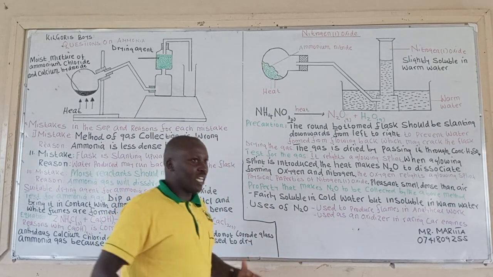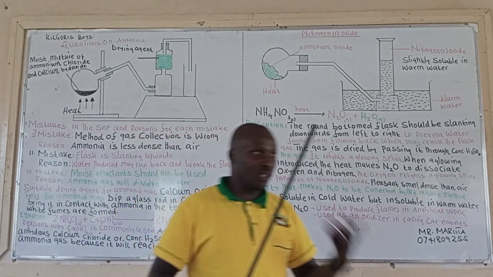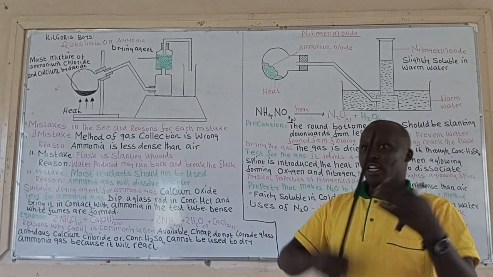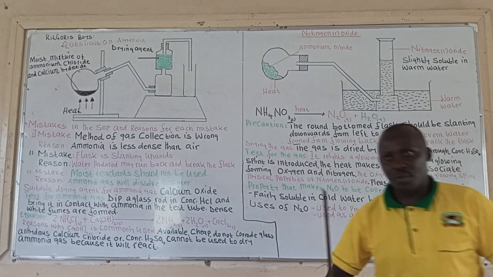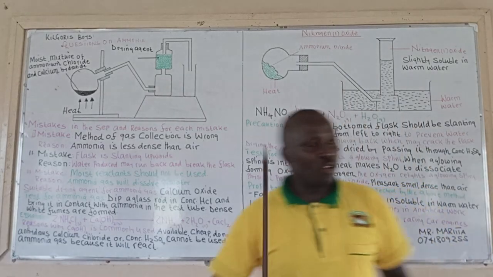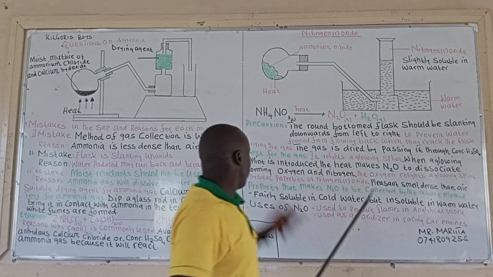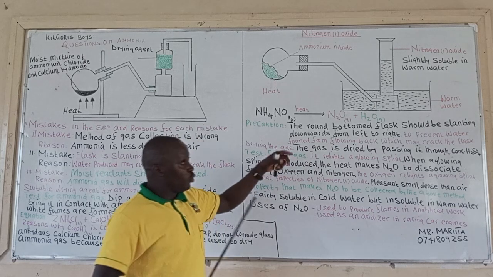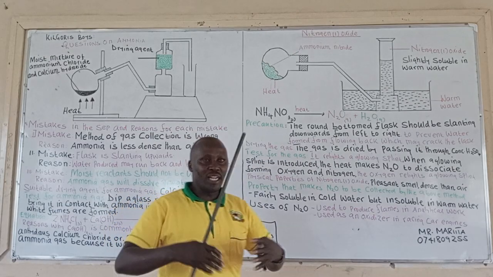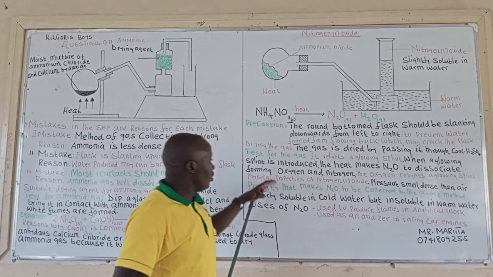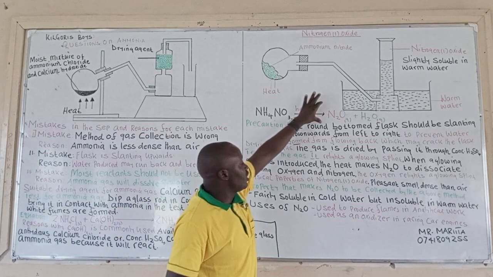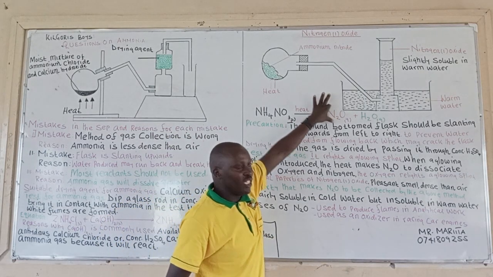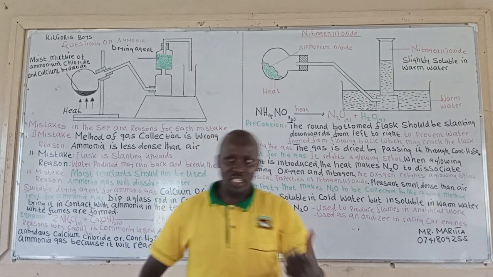Now, to test that the gas produced is nitrogen(I) oxide, you are required to describe an experiment. For instance, describe how nitrogen(I) oxide is tested. We know that this gas normally supports combustion because during the decomposition, the heat will decompose this nitrogen(I) oxide to nitrogen gas and oxygen.